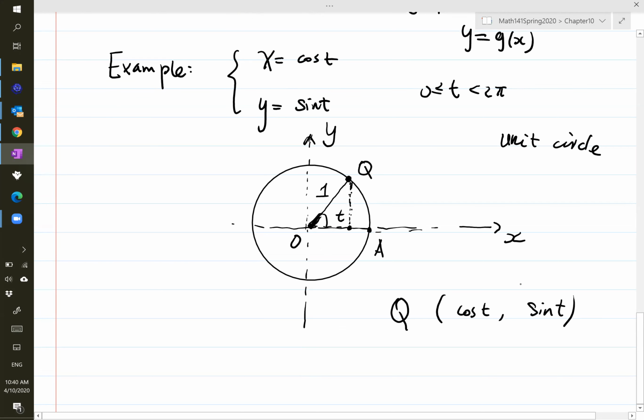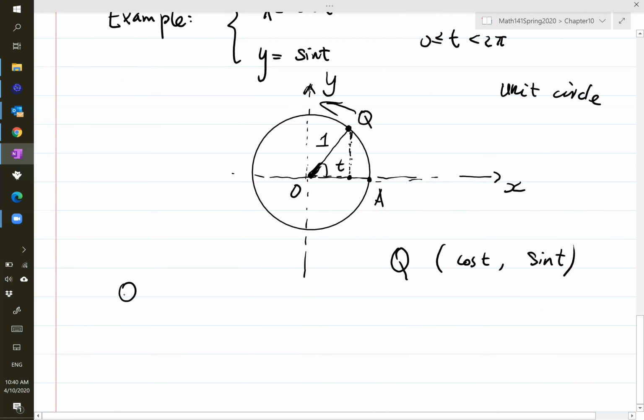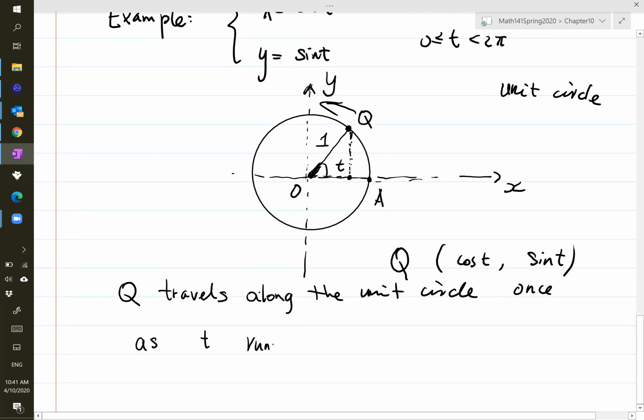So you see, as t varies from 0 to 2 pi, as t increases, Q travels along the unit circle once, one round, as t runs through 0 to 2 pi.